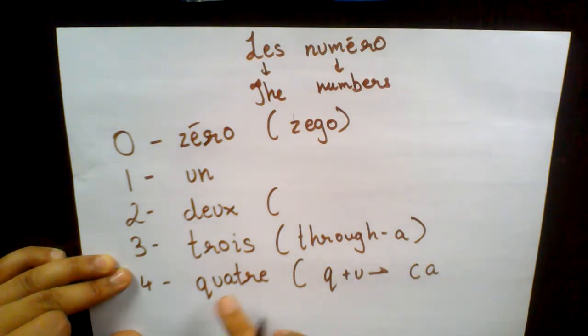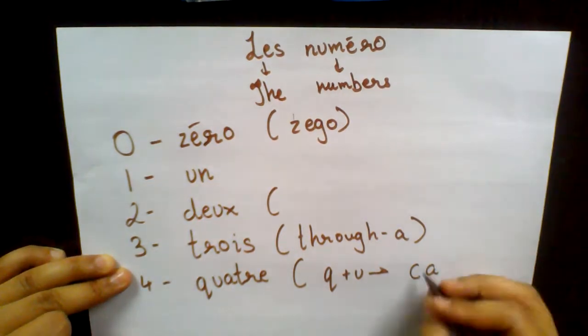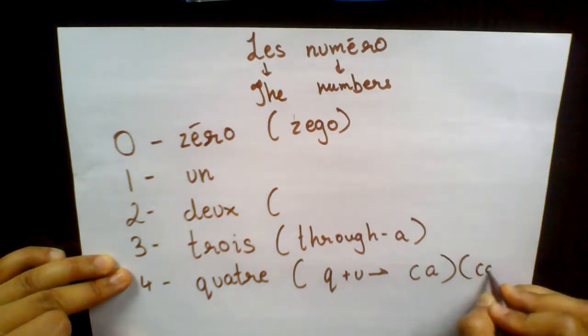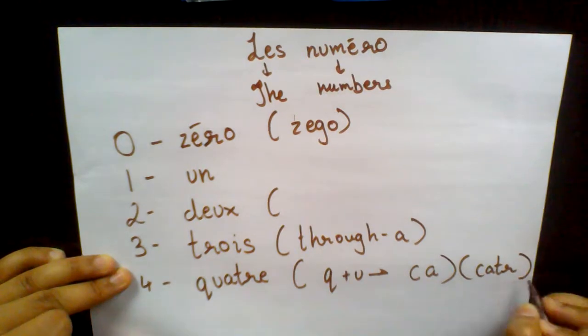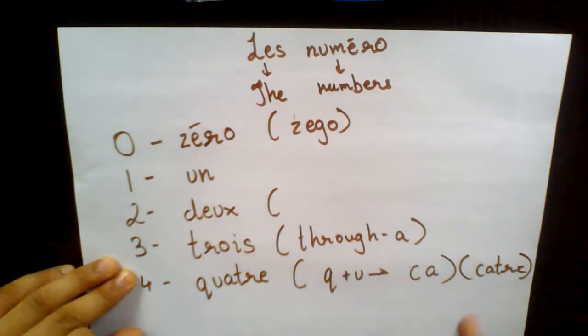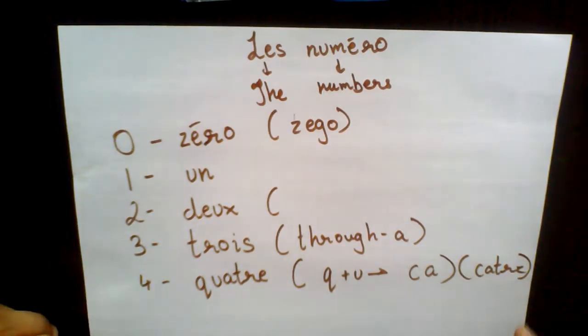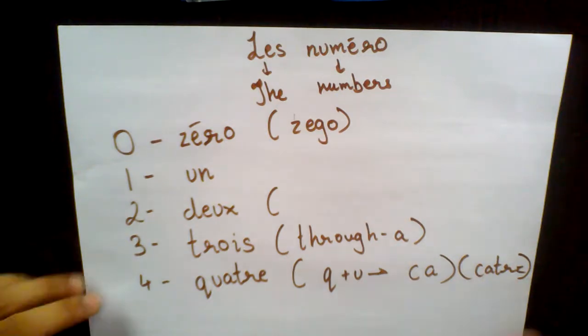So it is pronounced as quatre. The equivalent might be "katre". A little comparison for you to understand it better.